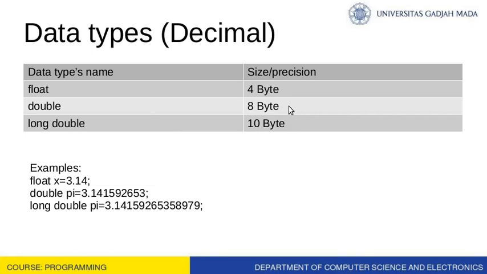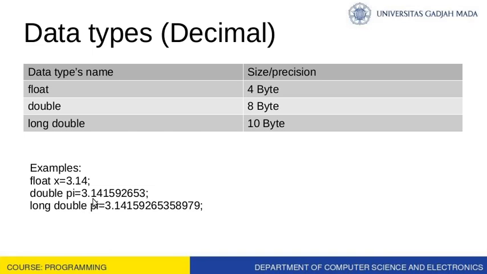The same thing as the rule in the integer, you have to be careful when you're choosing your data type. You have to see how many bits of precision you want. Okay, suppose you just need a small decimal precision, small bit precision, then you just use float, because float is 4 bytes rather than using double, which is 8 bytes.